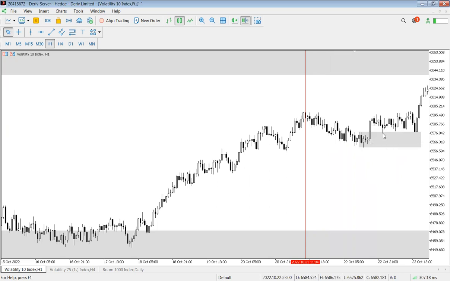Now price left a liquidity void here, a fair value gap here, please. For my entry, I don't use just any fair value gap.